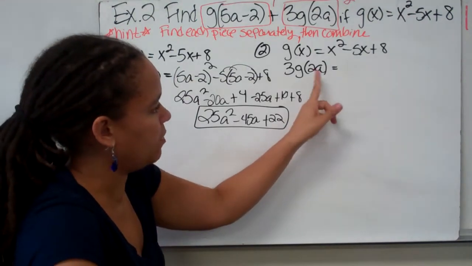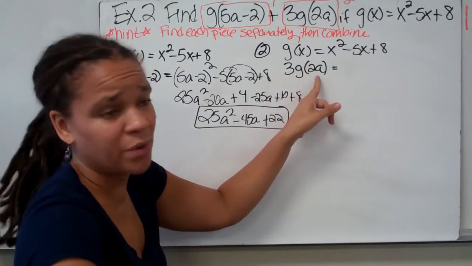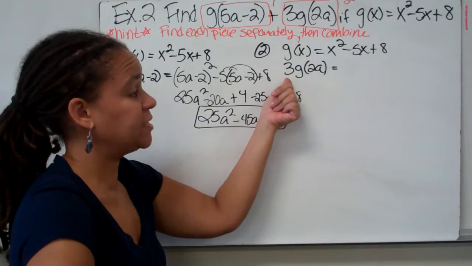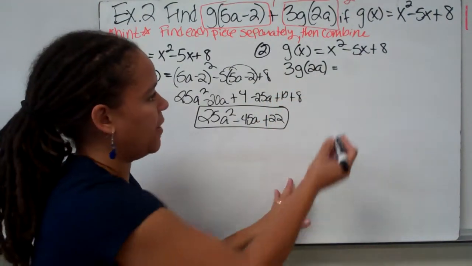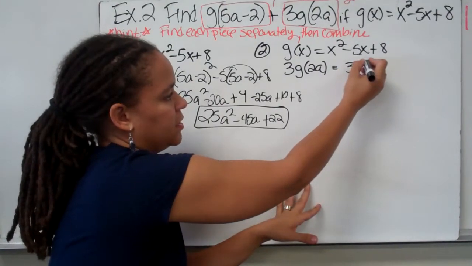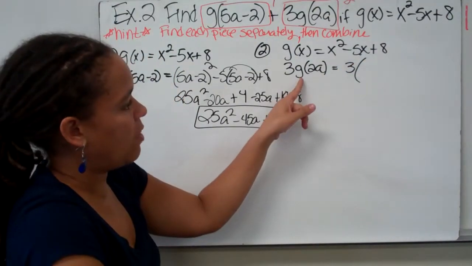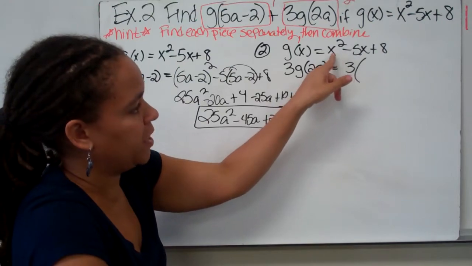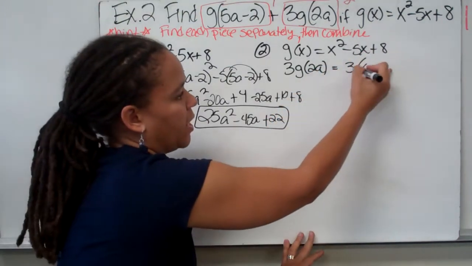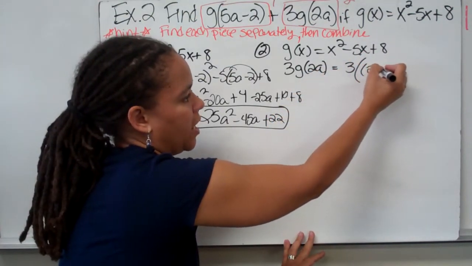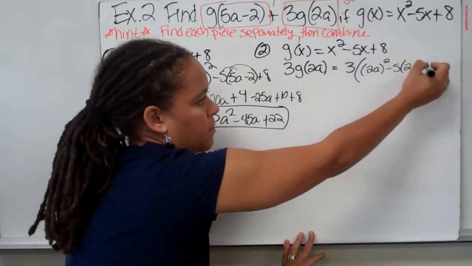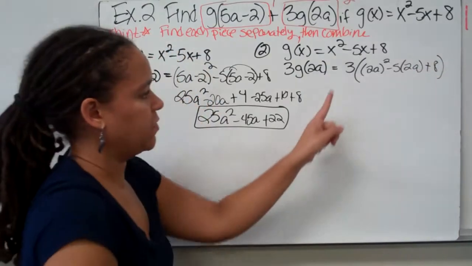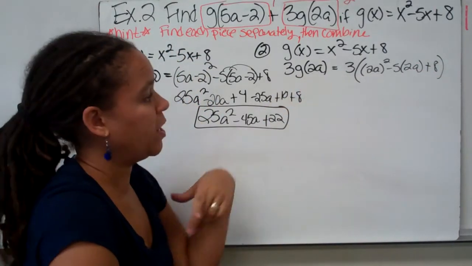So the second part here, 3g of 2a. So we're going to take 3 times g of 2a. So the way we would write that, we would have 3 times, and now we need to do g of 2a. So we need to plug in 2a everywhere here. So we have 2a squared minus 5 times 2a plus 8. So this 3 is on the outside and g of 2a on the inside.